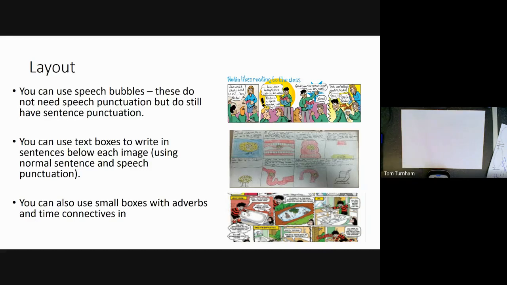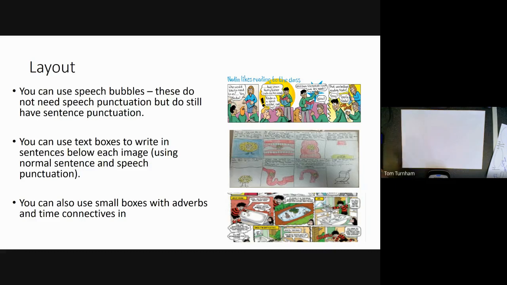Or, like the middle one here, you could just have your pictures in one box and your text in one box. In that case, you would use speech punctuation as well as sentence punctuation. The other thing you can do with either of these is just add in little small boxes. And often the boxes would have things like adverbs or connectives.